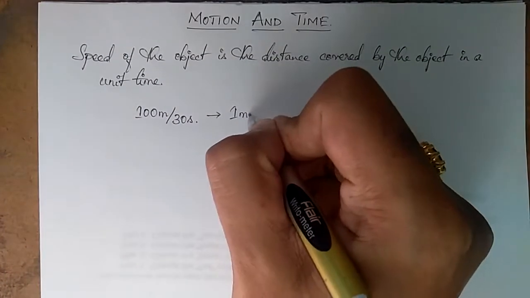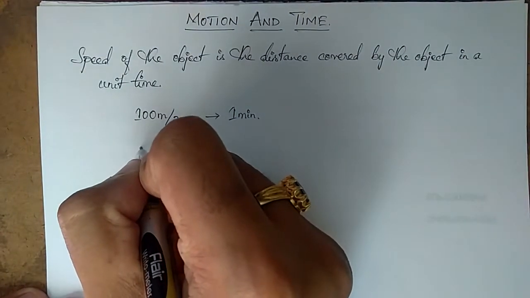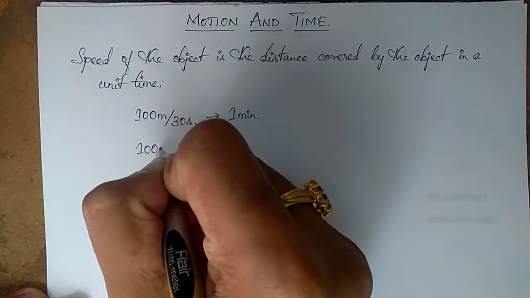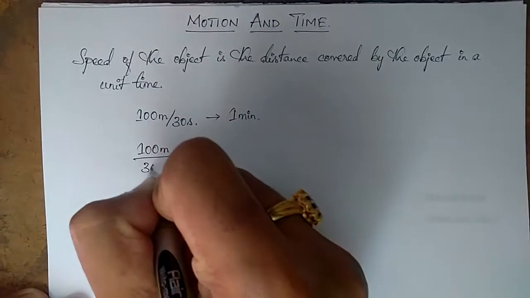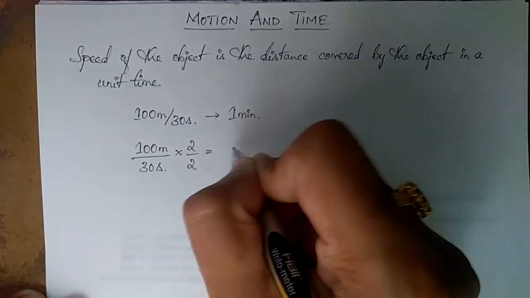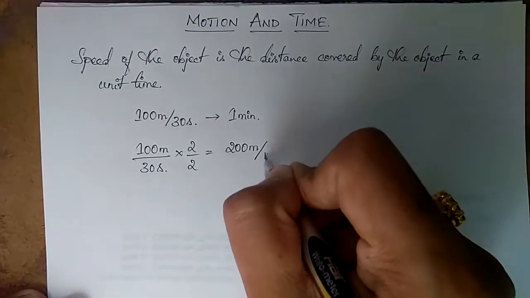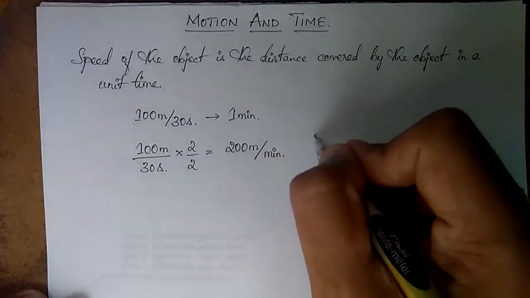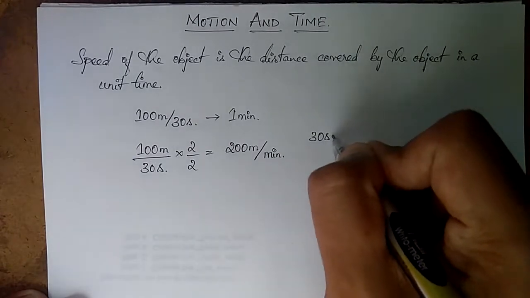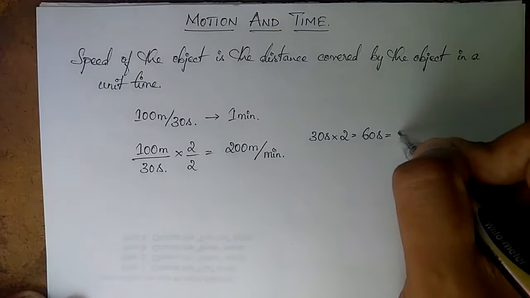Now, if we extend his speed to 1 minute, we would have to multiply a factor of 2 to both numerator and denominator simultaneously. So then we'll get 200 meters per minute, where 30 seconds into 2 is 60 seconds, which is nothing but 1 minute.